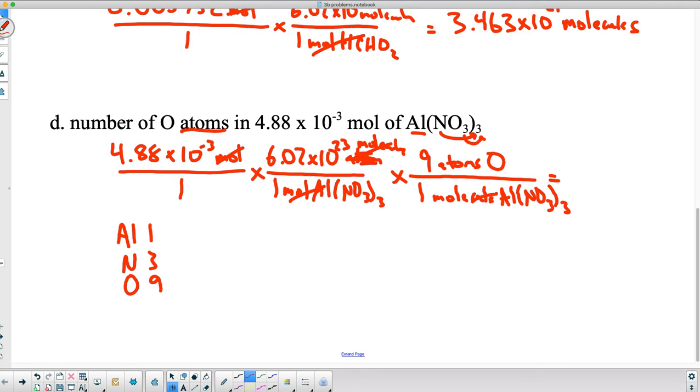You should get something that looks like this: 2.64 times 10 to the 22nd atoms of oxygen. That's what you should get. All right. So anytime they're asking for a specific number of something from a molecule, you can use this conversion here, where we got the number of atoms of oxygen over the 1 molecule of whatever you have. Okay, good. I'm going to cut that there.